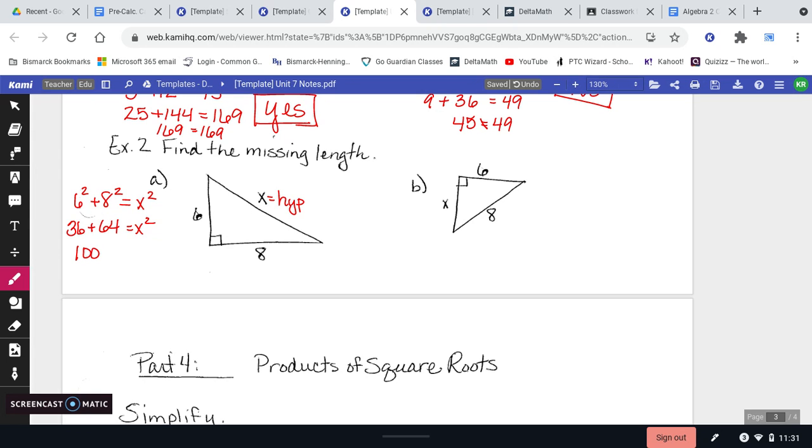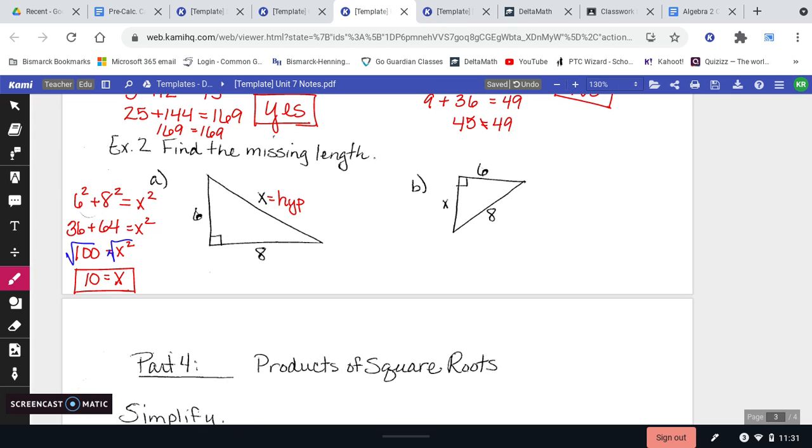So 100 equals x squared. You're going to square root both sides. Hopefully this is a familiar one to you. 100 is a perfect square, and the square root of 100 is 10. So the length of that hypotenuse is 10.